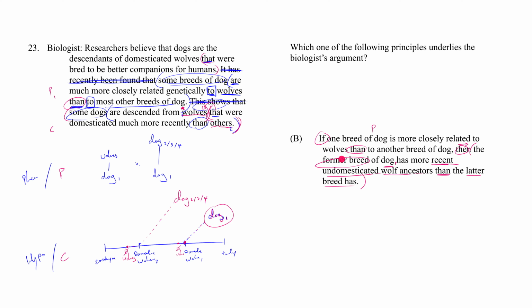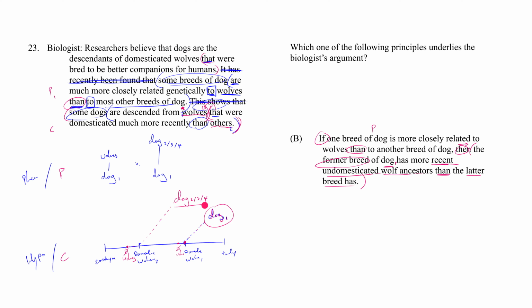See, if B is true, if dog 1 traces his ancestry to a more recent undomesticated wolf population, and dog 2, 3, 4 traces the ancestry to a less recent, further back, undomesticated wolf population, and we know that dogs came from domesticated wolves, then you see the conclusion follows. Then, of course, dog 1 descended from a more recently domesticated wolf population than dog 2. Because we know that all dogs came from domesticated wolf populations.